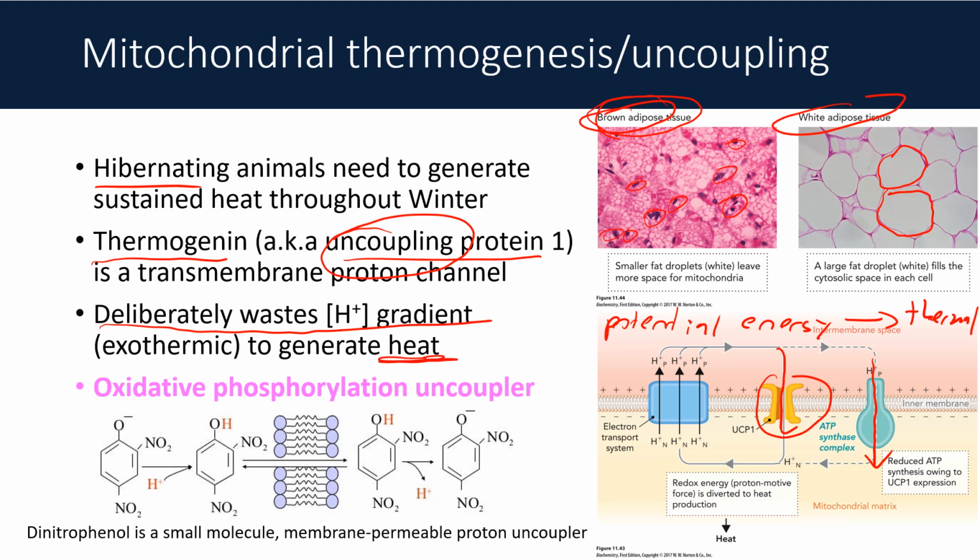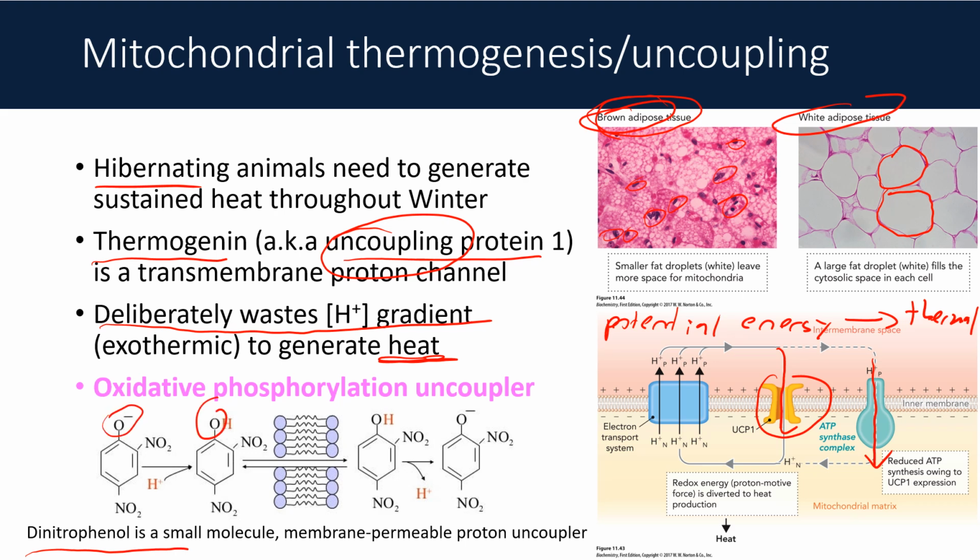Now, uncouplers, which are compounds that bleed the protons back into the matrix without making ATP, aren't always good compounds. Dinitrophenol is a small molecule that also functions as a proton uncoupler. It's not a channel protein, but this is a rare example of an acidic compound that can freely diffuse across membranes while carrying that proton on this phenol moiety.